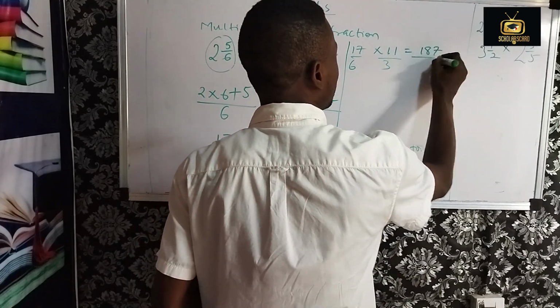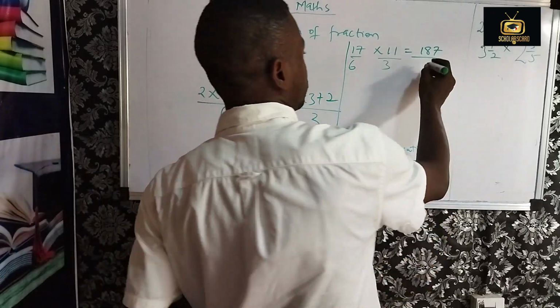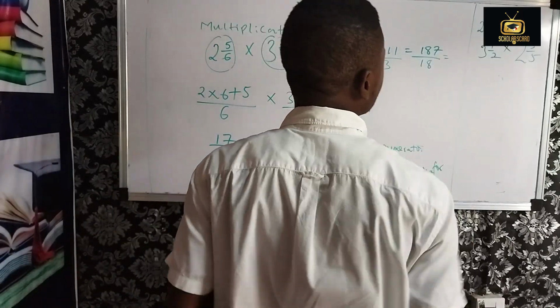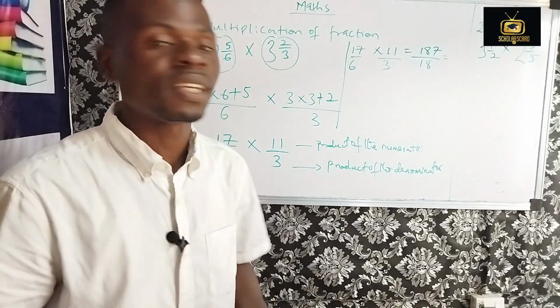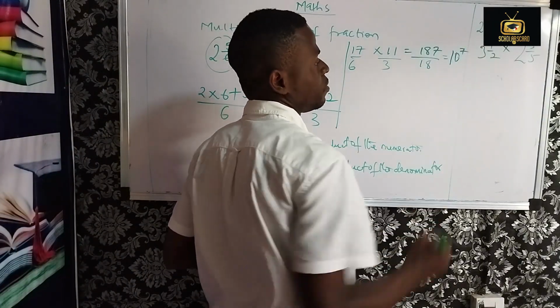187 over 6 times 3, which gives us 18. Now in this place, you divide. 187 divided by 18 will give you 10, remainder 7.